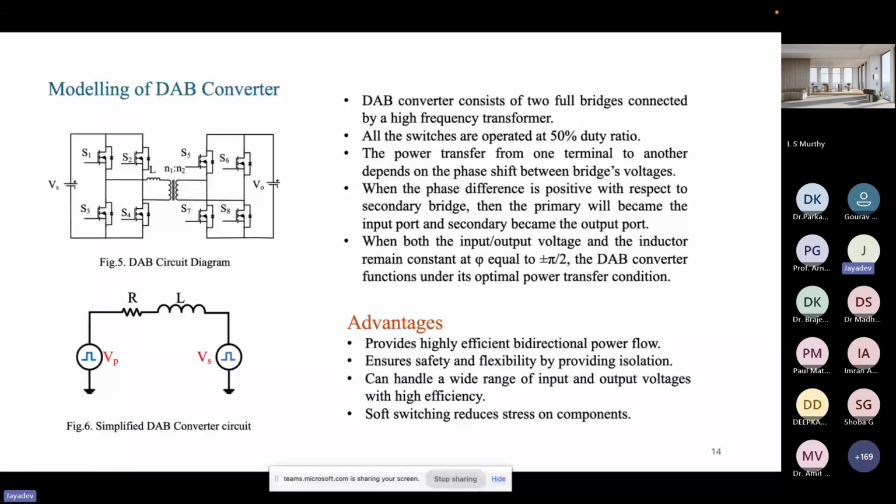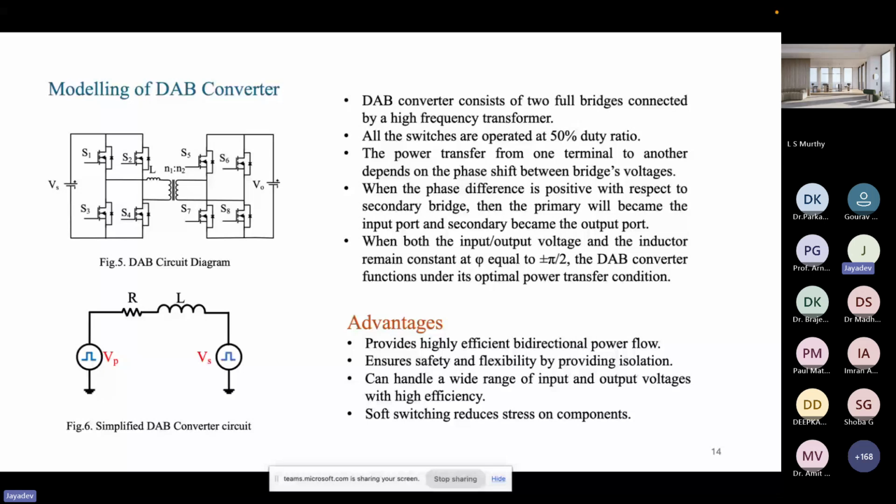You just change one parameter and your bidirectional power flow is achieved. If you want to transfer power from input to output, from primary to secondary, then the primary voltage should lead the secondary voltage. Similarly, if you want to transfer power from secondary to primary, then the secondary should lead the primary.